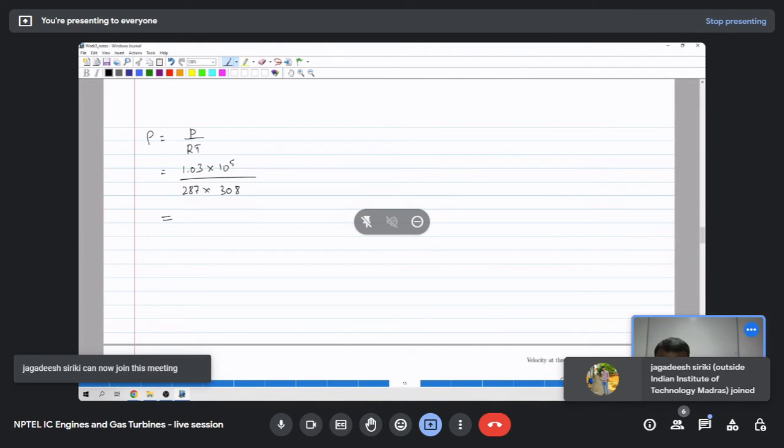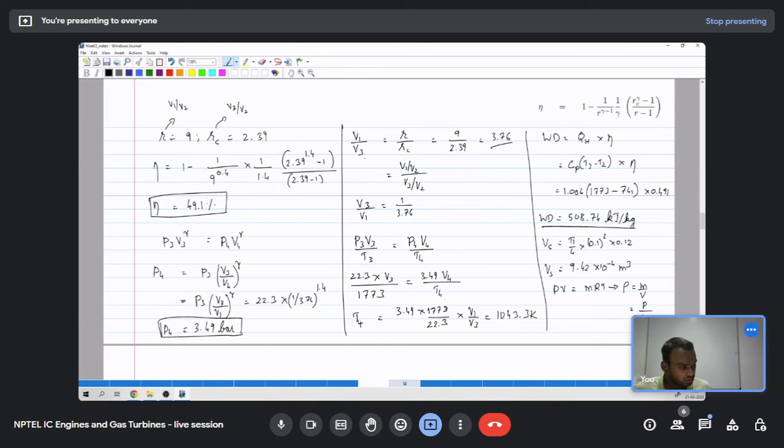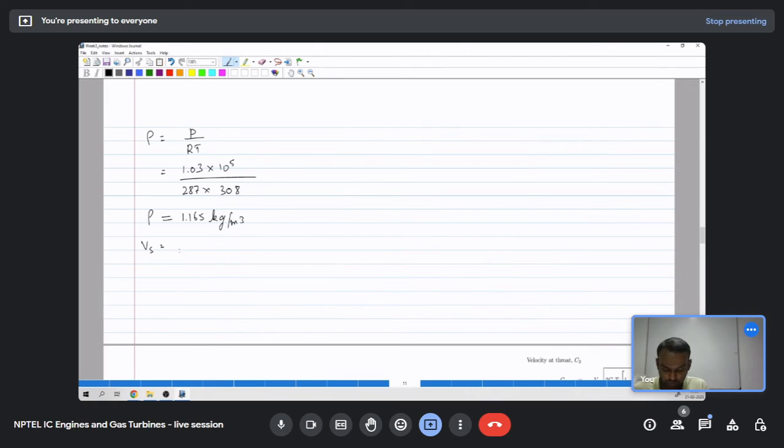So this can be computed. This is 1.165 kilogram per meter cube. This is the density of air that is inside the cylinder. We know stroke volume is 9.42 into 10 power minus 4 meter cube.